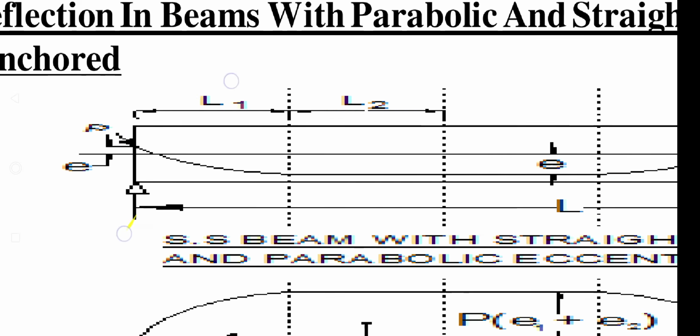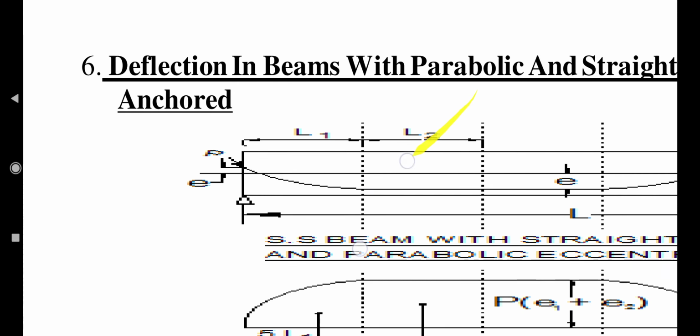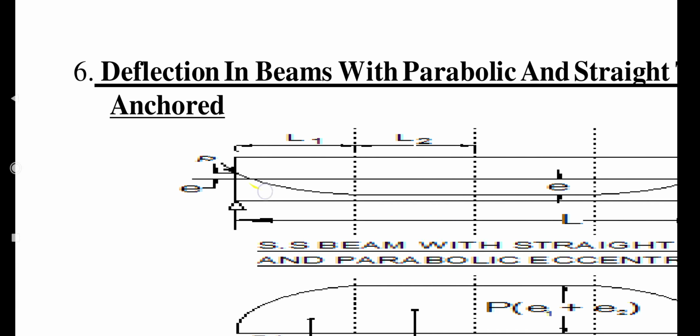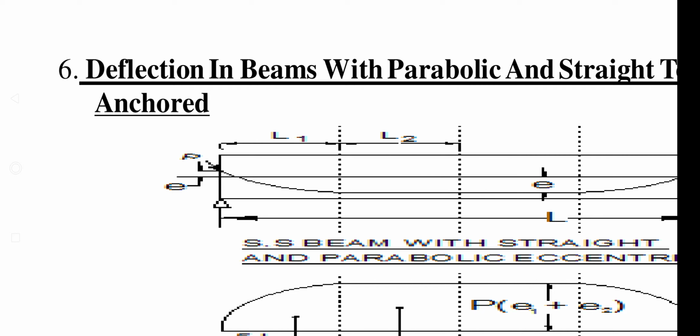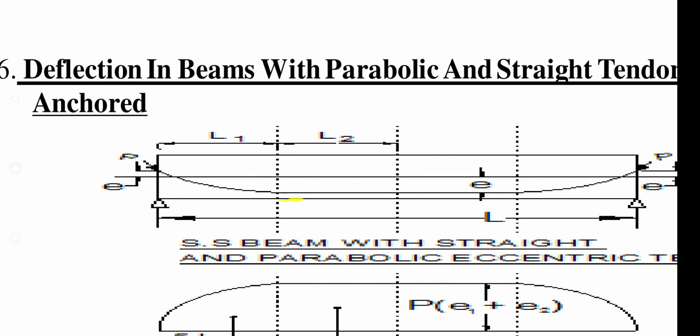So here also this L1 portion is curved and the remaining portion from here to here it is linear. So this is the bending moment diagram for this condition, and deflection for this case can be calculated using this equation.